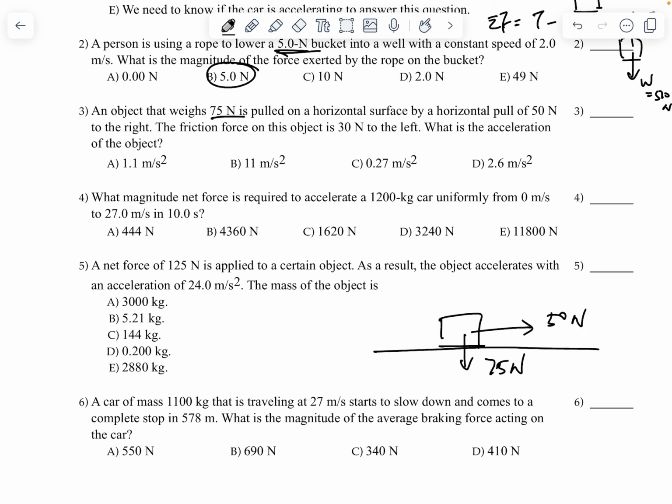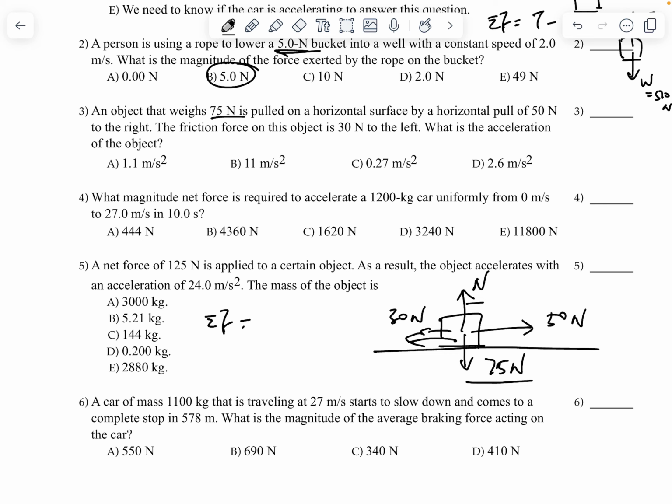The friction force on the object is 30 Newton to the left. What is the acceleration of the object? If you look at the free body diagram, in the vertical direction you have normal force and weight. It's balanced. Horizontal direction, 50 Newton to the right and 30 Newton to the left.